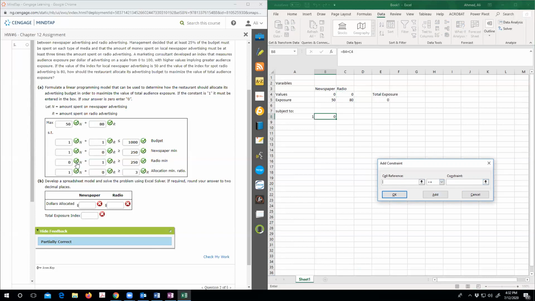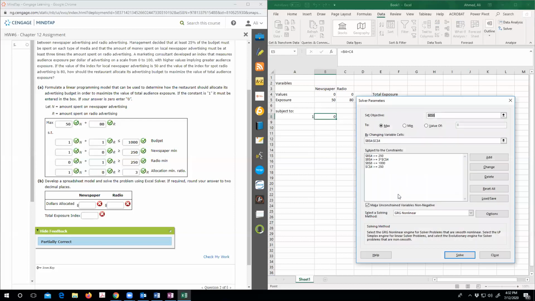And then comes the third one, which says the value of n has to be greater than or equal to 3 times r. Now this can be problematic. It may not work in Excel like this. Oh, it worked. That's fine.